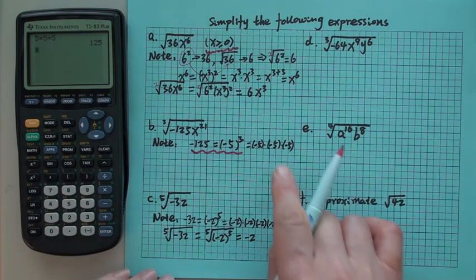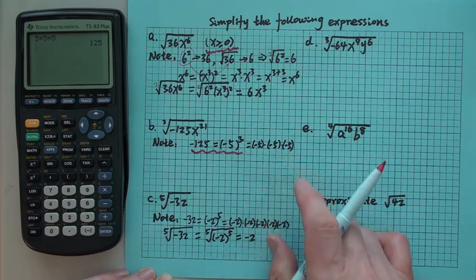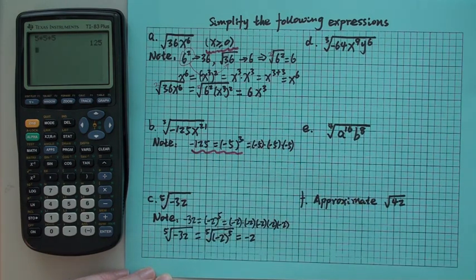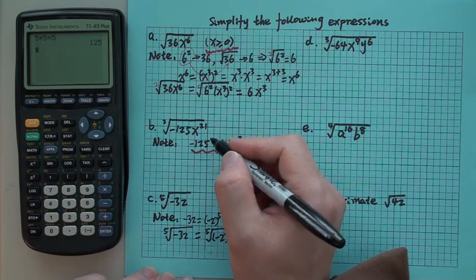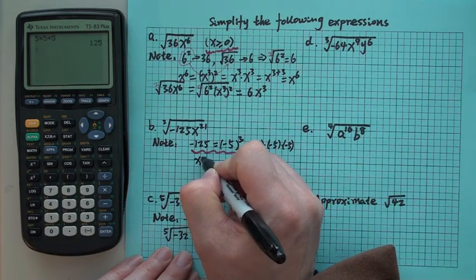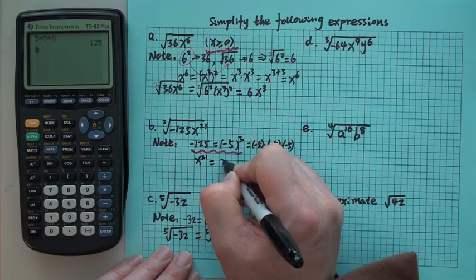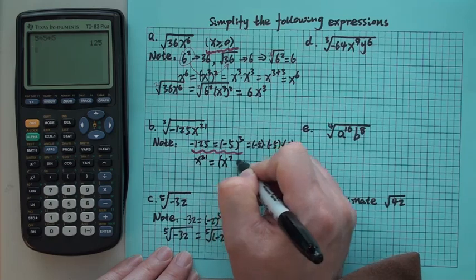Negative is positive, and another negative, so you eventually have a negative. Another thing is that x to the 21st is x to the 7th then cubed.